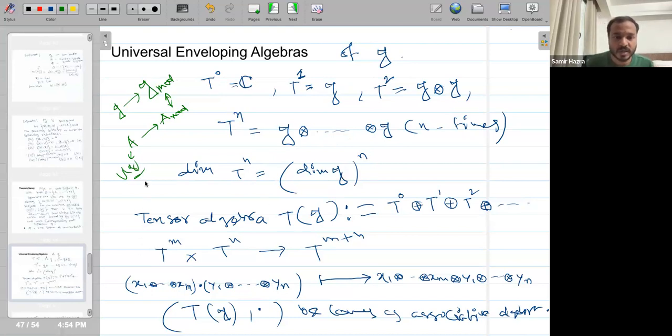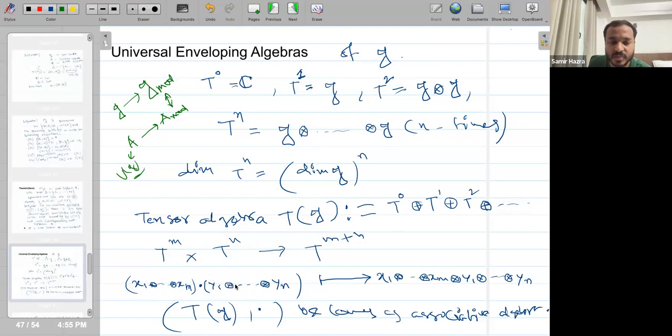So then we can construct an algebra which is called the tensor algebra. As a vector space, it is T0 direct sum T1 direct sum T2, and so on. And from Tm cross Tn to T(m+n), we can give this product structure. In Tm, take x1 tensor up to xm, a simple tensor of these m elements, dot y1 till yn, tensor product.